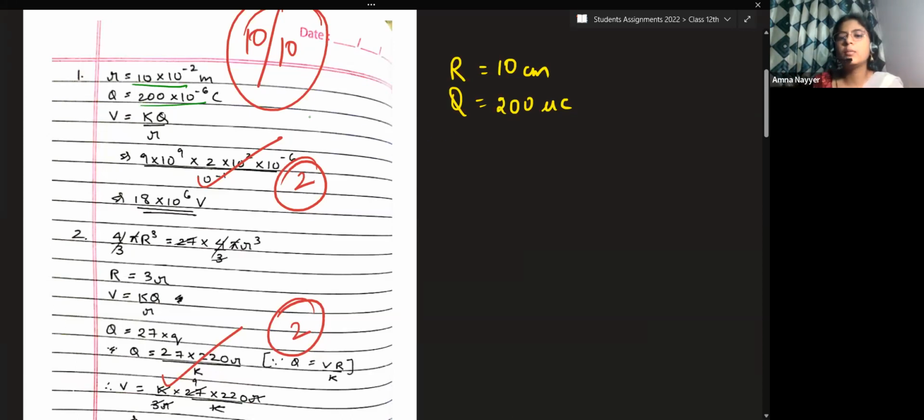Put V is equal to KQ by R to get the potential. K is 9 into 10 to the power 9, Q is 200 into 10 to the power minus 6, and R is 10 centimeters, which becomes 10 to the power minus 1 meters. So you will get the answer as 18 into 10 to the power 6 volts.